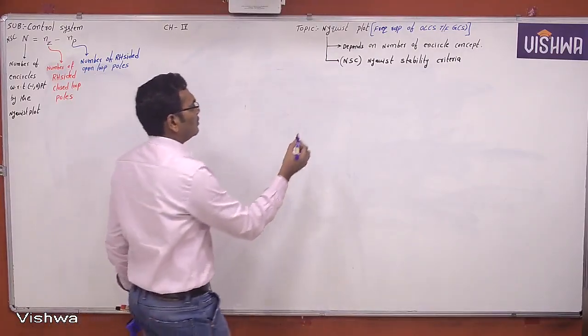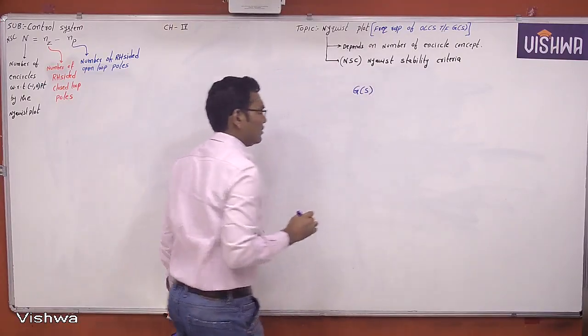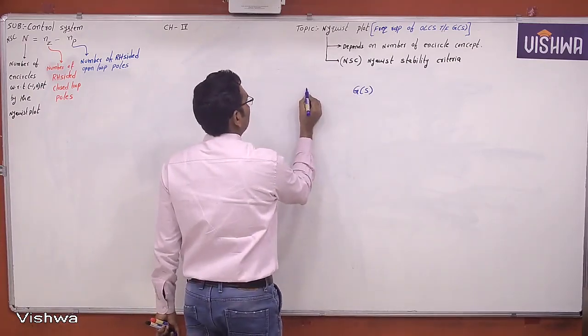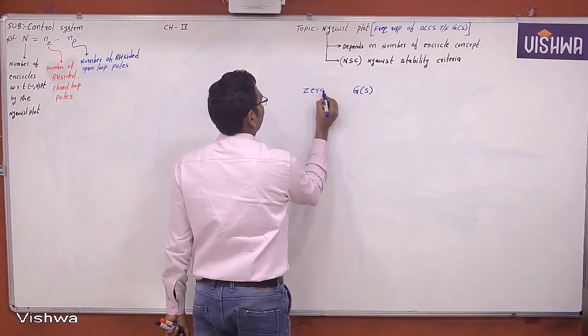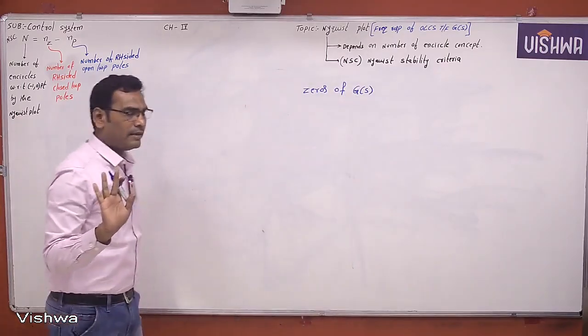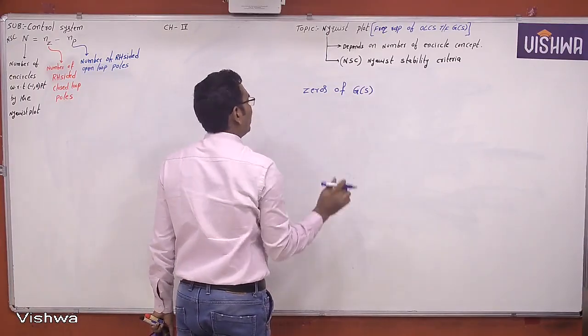Now, open loop control system, G of S, okay? Now in the open loop control system, I just take the zeros of the open loop control system. Okay, listen carefully. Now first step, I am taking the zeros of the open loop control system.